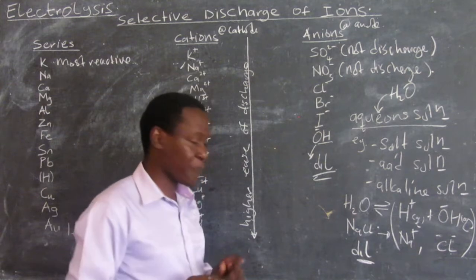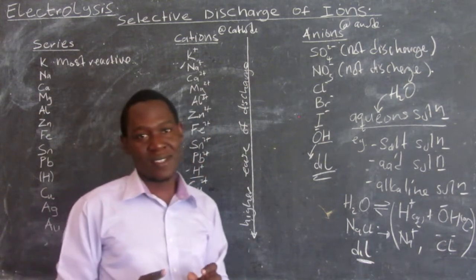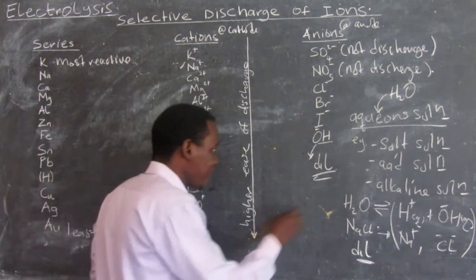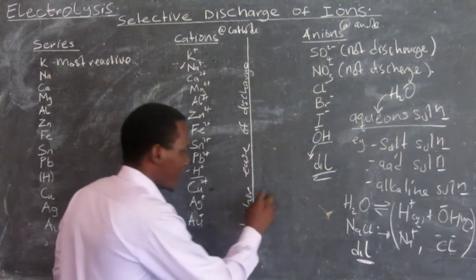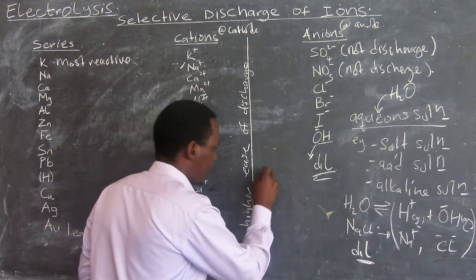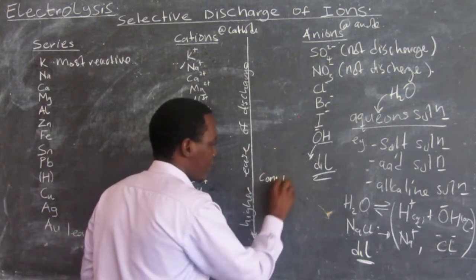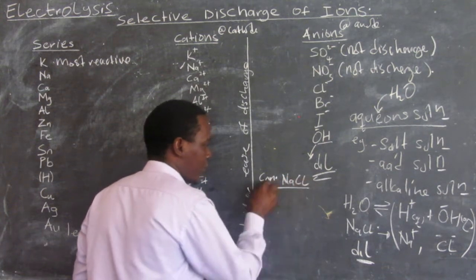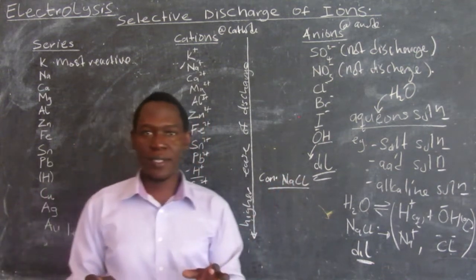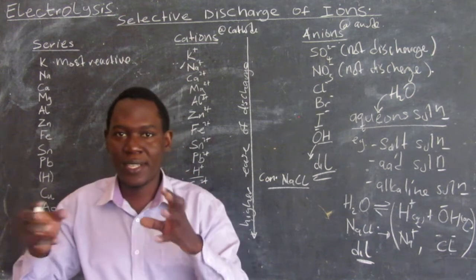Now take an example. If you have concentrated sodium chloride, meaning that concentrated sodium chloride has more of the sodium chloride than the water.